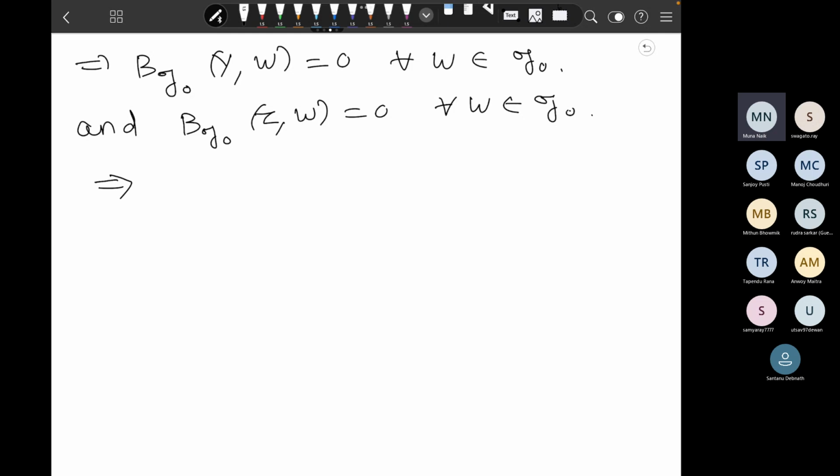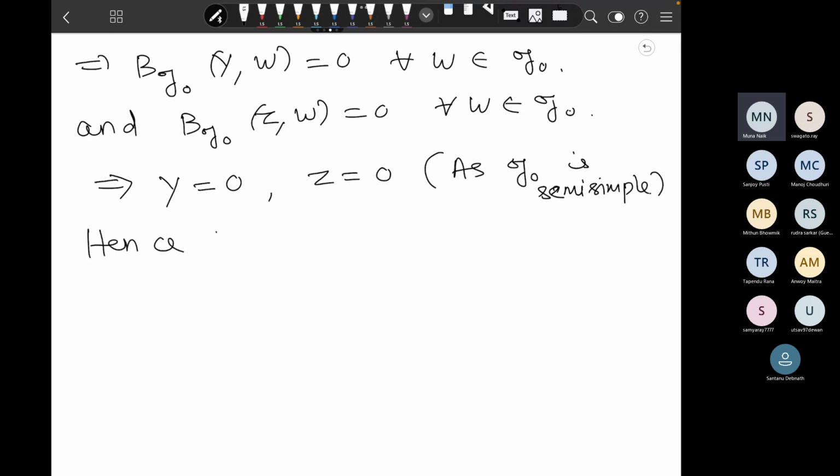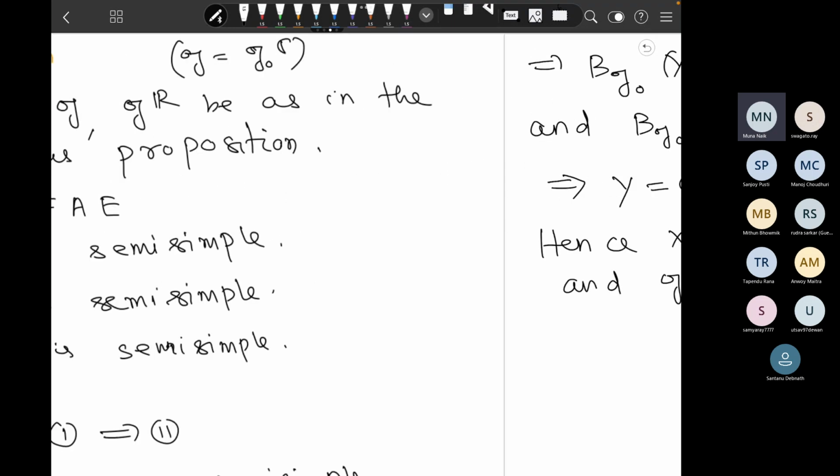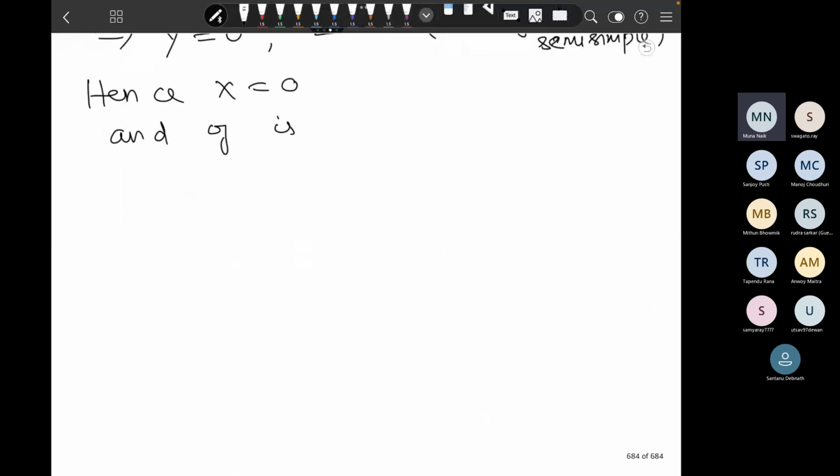That will give you Y is equal to 0 and Z is equal to 0, and this is because of the fact that G naught is semi-simple. Hence X is equal to 0 and G is semi-simple.